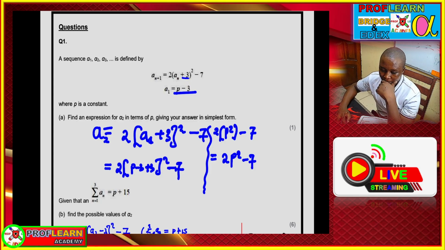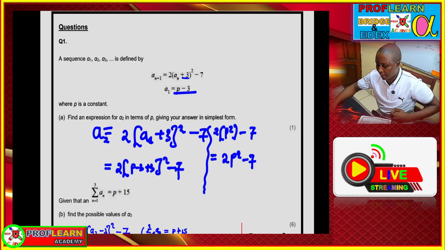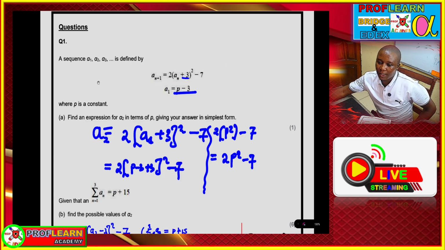Now, in the event you are asked to answer a question like this, you can see here, you are told that A1 is basically P minus 3.